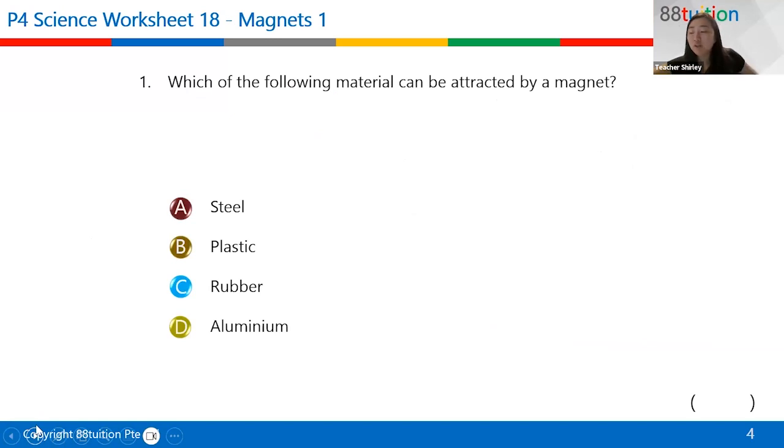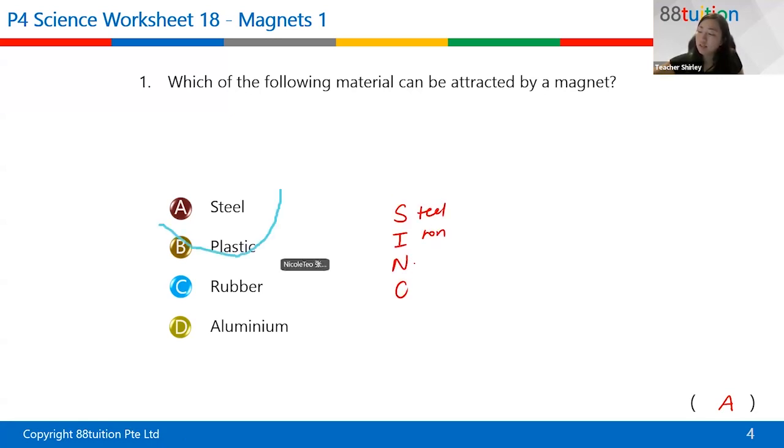Now let's have a look at all the questions. Which one can be attracted by a magnet? This one is quite easy, a straightforward question. Because we know that the school is not cool. Steel, iron, nickel, cobalt.